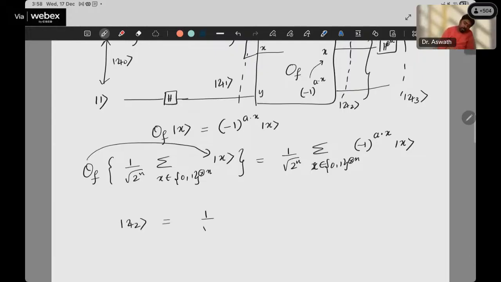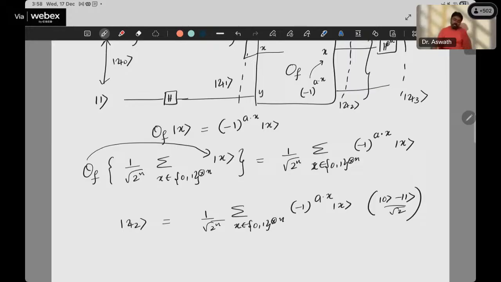Psi 2 is 1 by square root of 2^n, summation over x belongs to {0,1}^n, (-1)^(a·x) |x⟩ tensor (|0⟩ - |1⟩)/√2. The ancilla part I also wrote down. Now what is psi 3?